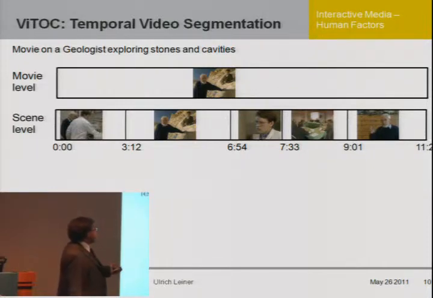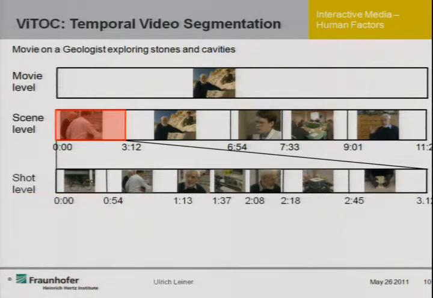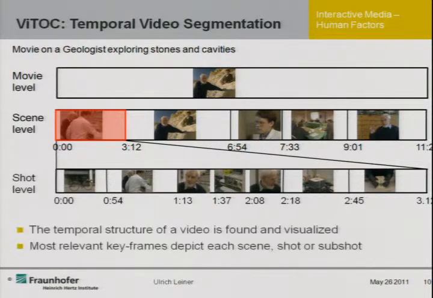It splits down into the scene level, and then the shot level. A shot is a continuously taken part of a movie, and whatever it contains is not that important, but you get an overview. And if you have a good keyframe representation for each shot, you can be nearly absolutely sure that you don't miss any significant part of that movie.